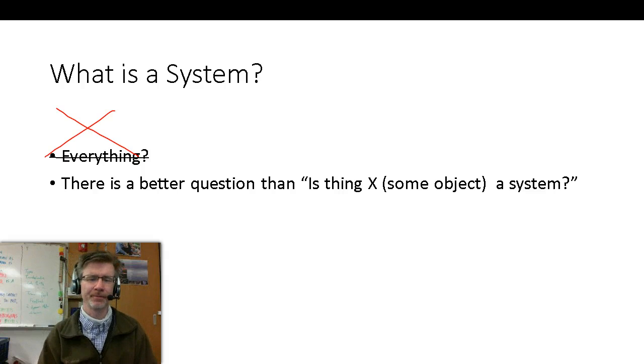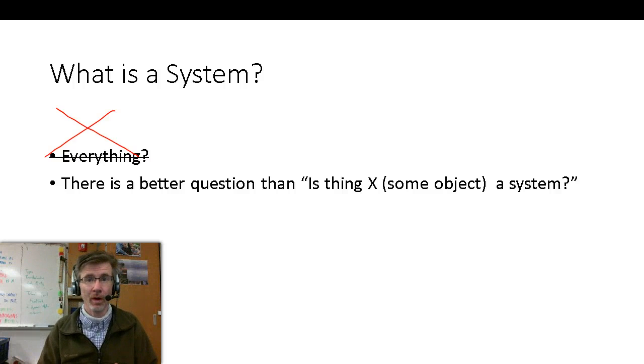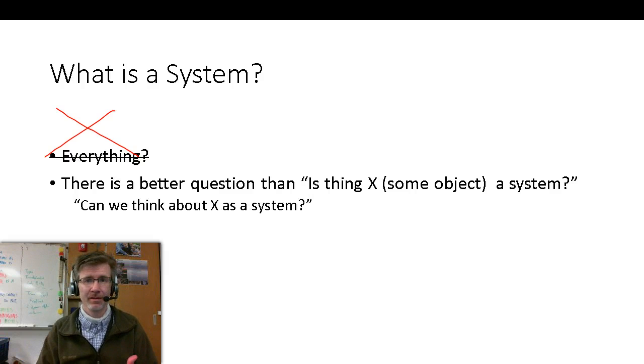Here's the better question. Is this thing X a system? Well, X is some object. Is it a system? Can you think about X as a system? Rephrasing the question.